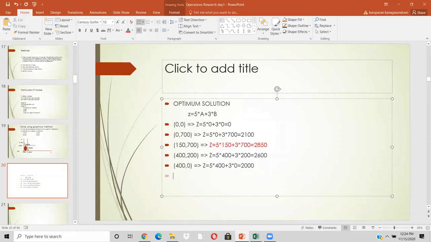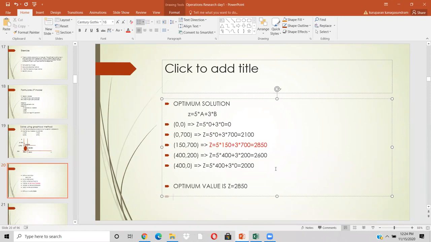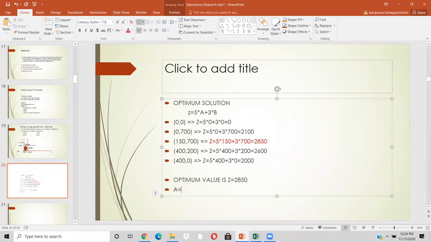So the optimum value of Z is equal to 2850, where A is 150 and B is 700. How much A and how much B should I produce?